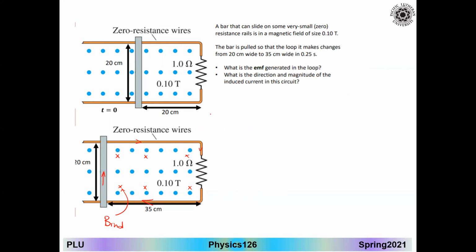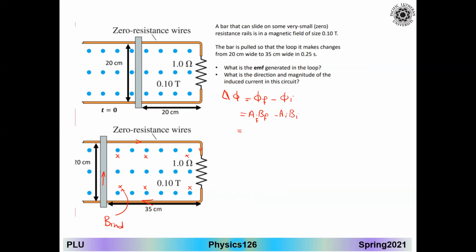Now to find the induced EMF, we're looking for delta phi, which is phi final minus phi initial. A is perpendicular to the field in both cases, so it's A final times B final minus A initial times B initial.